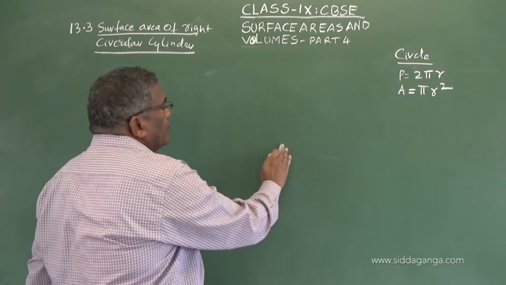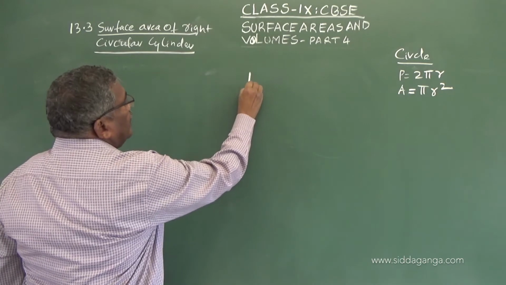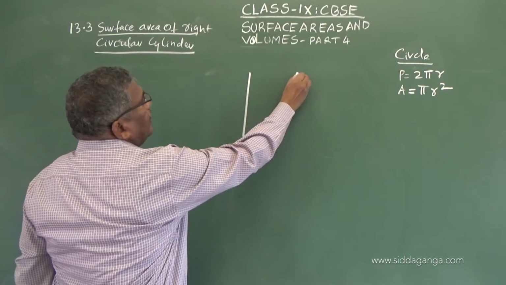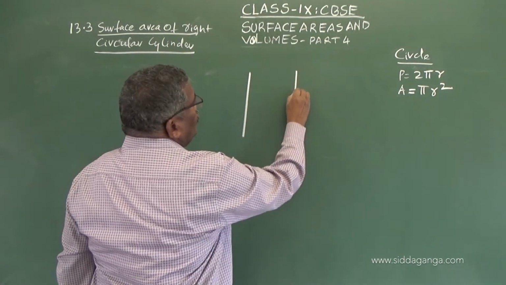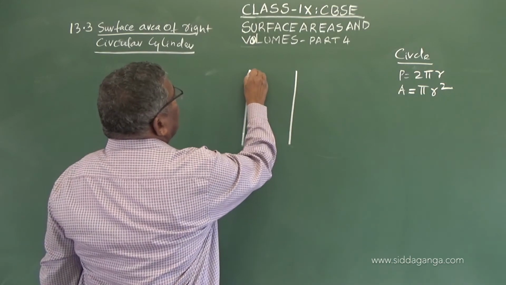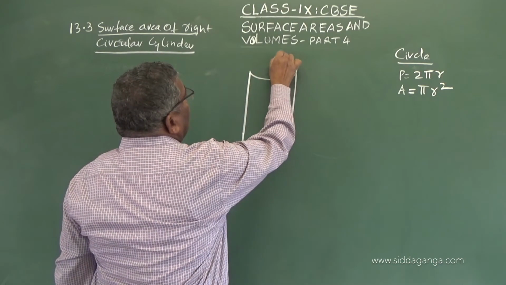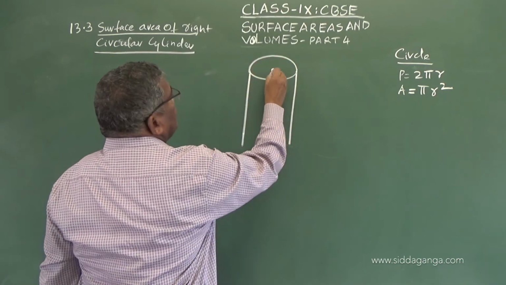So I am using time and again the word right circular cylinder. What do you mean by that? Let us understand this. If a cylinder is standing like this, as I have shown to you, this is the cylinder. I will write it in this fashion.